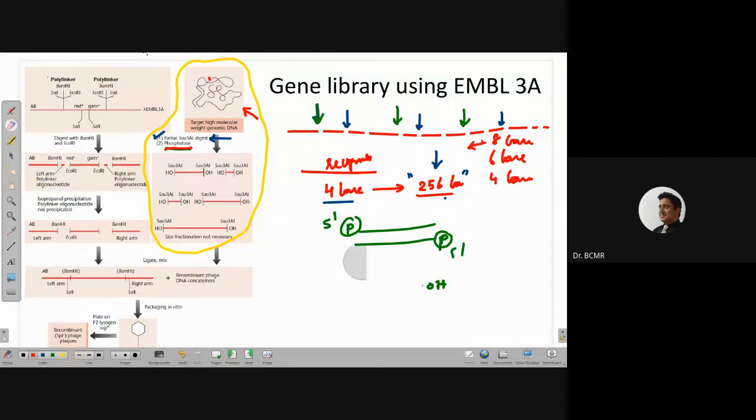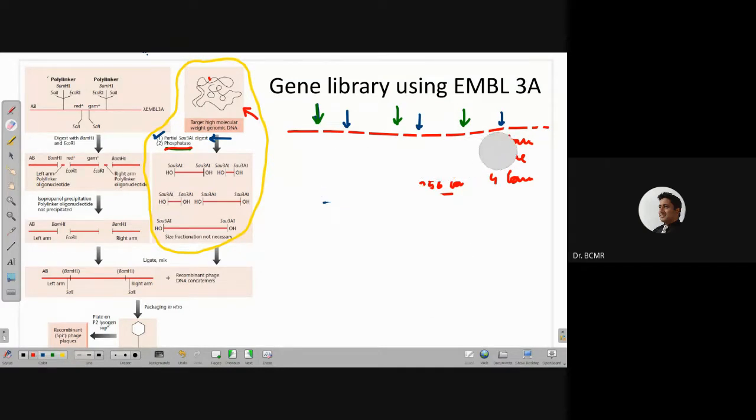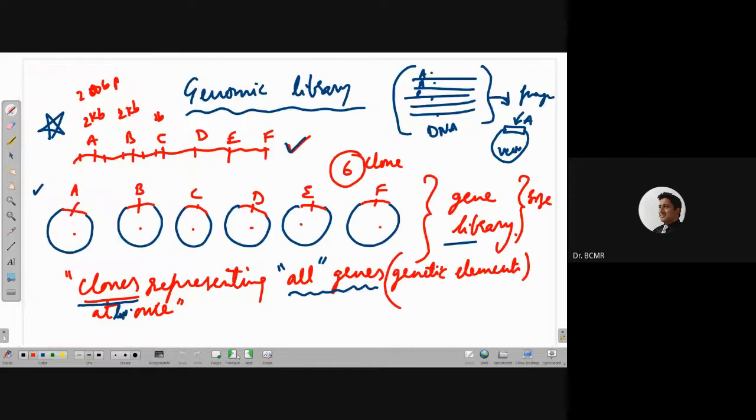If you remember the objective of what we are trying to do here, it is a gene library. It's not simple cloning. What is our objective in a gene library? In the previous example I gave you A, B, C, D and so on, but that's not how we work. We are going from answer to the question.